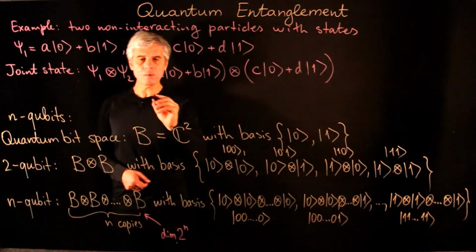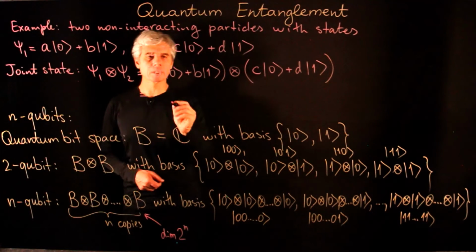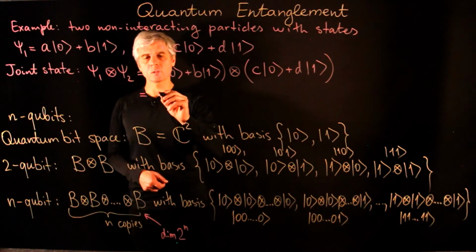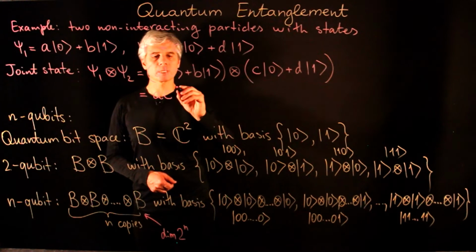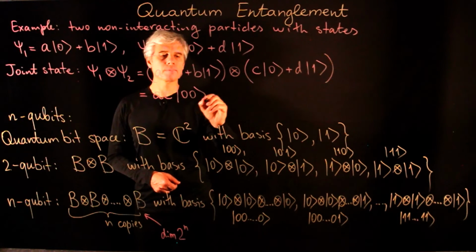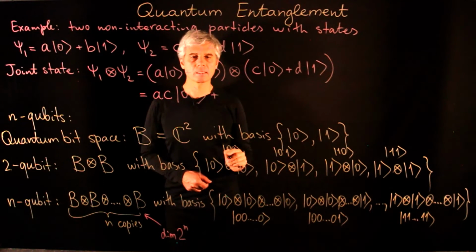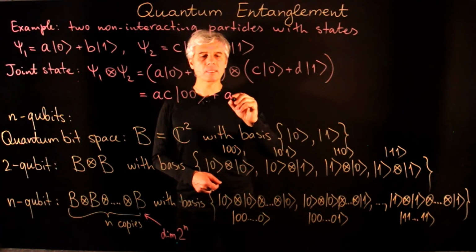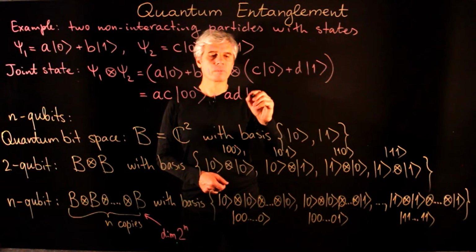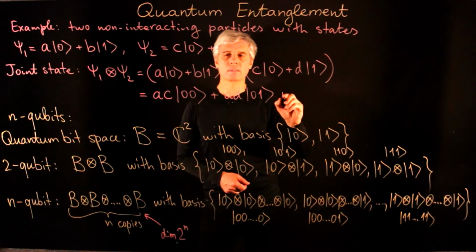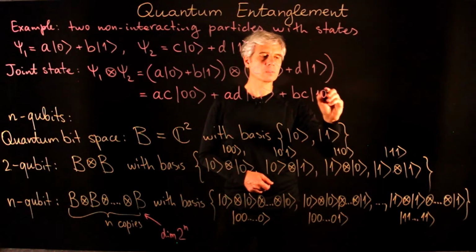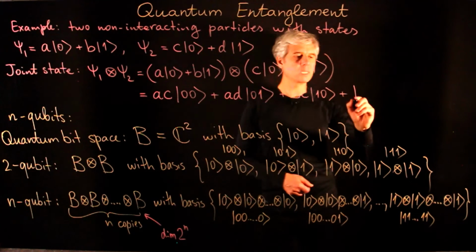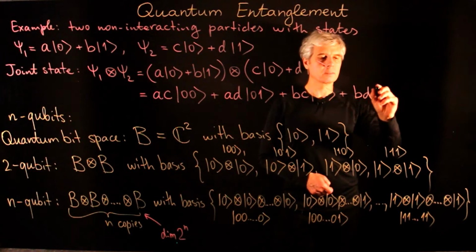And so now this equals, if we expand this, ac, and now I'm going to drop the tensor product sign, so I'll write 0, 0, plus ad 0, 1, plus bc 1, 0, and plus bd 1, 1.